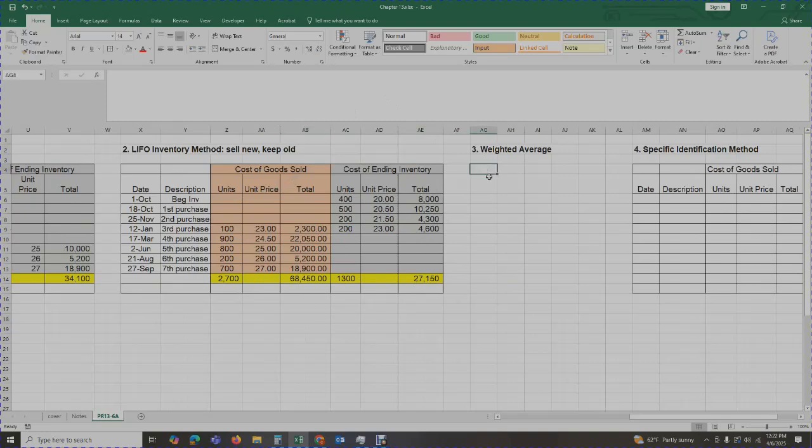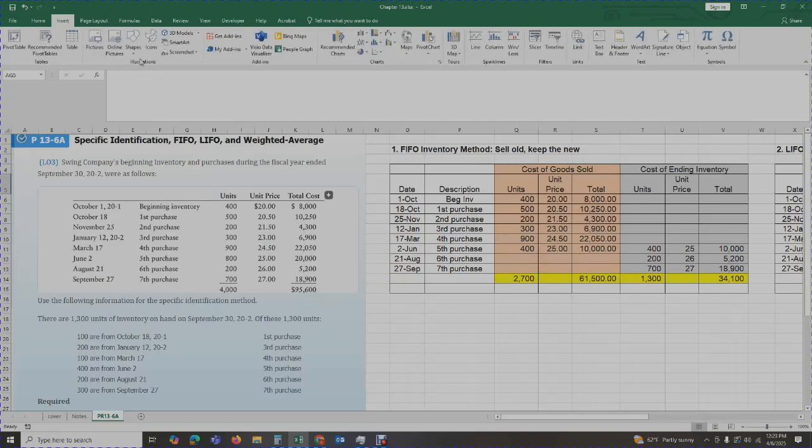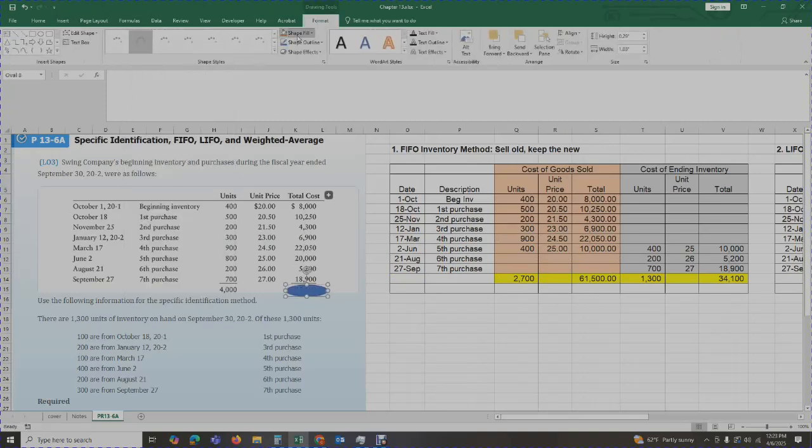Okay. The third method that we have is the weighted average. So for this one, we're going to have to calculate the average cost per unit. To calculate the average cost per unit, we're going to get the total cost. How much do we pay for all of the inventory? We paid $95,600. We're looking over here at the $95,600.